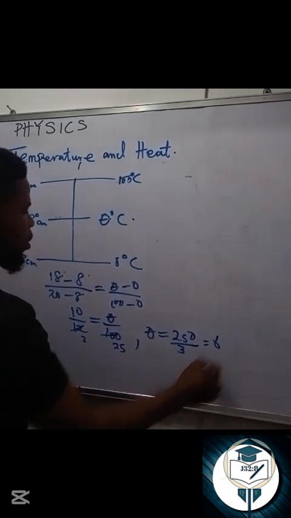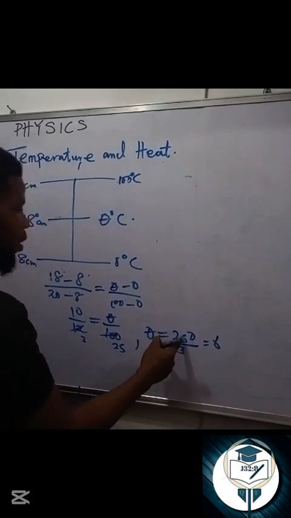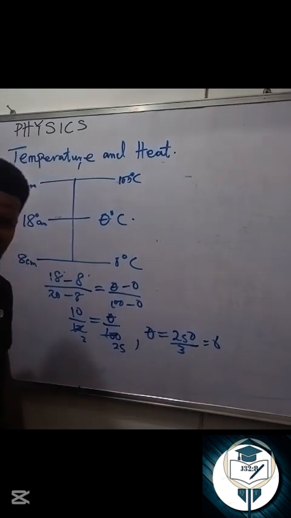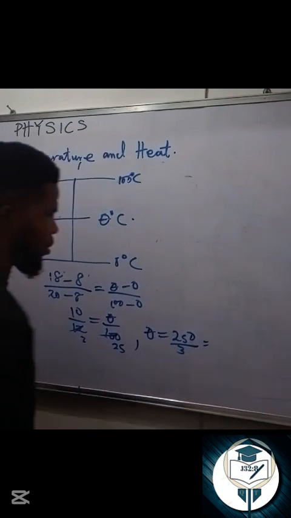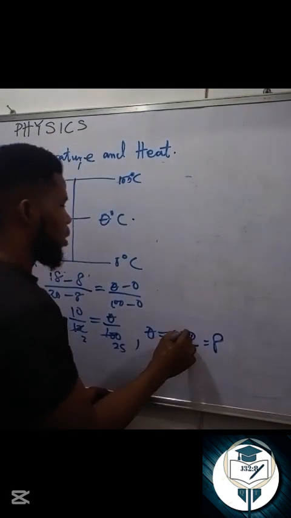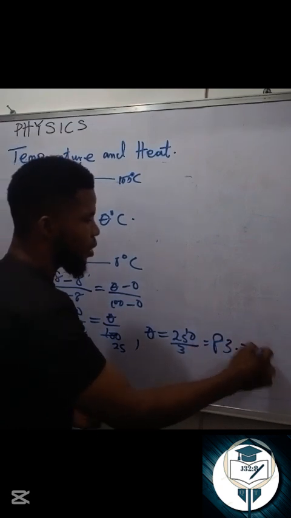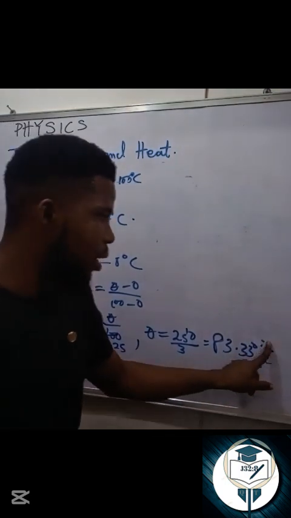And that would be what? 3 into 25 is 8, 8. Now, 3 into 10 is 3.333, you can see, degrees Celsius. You understand what I'm saying now?